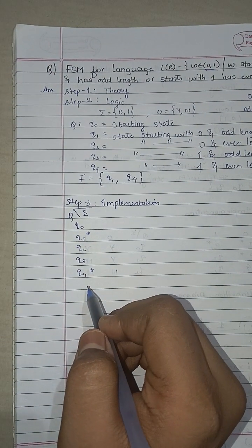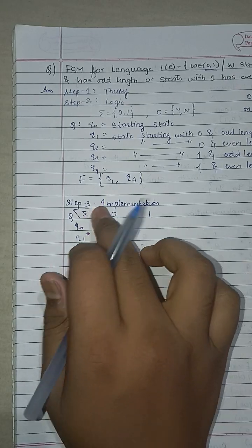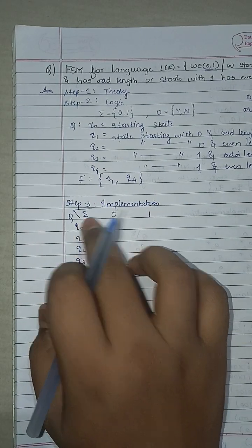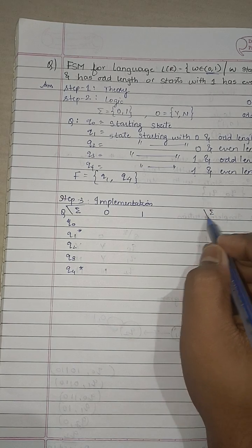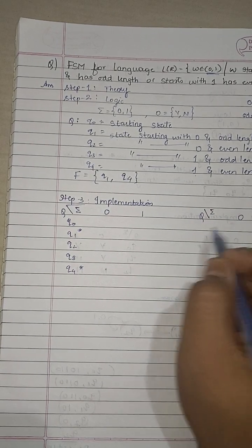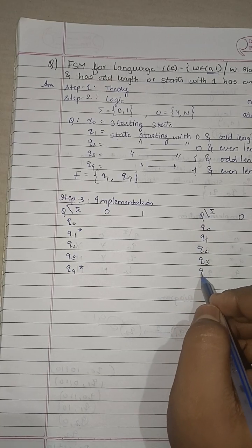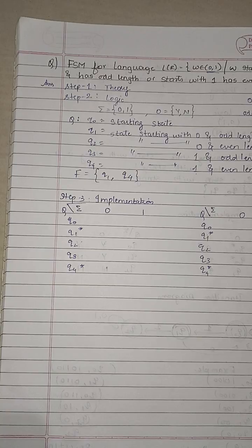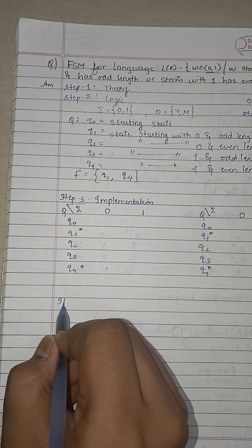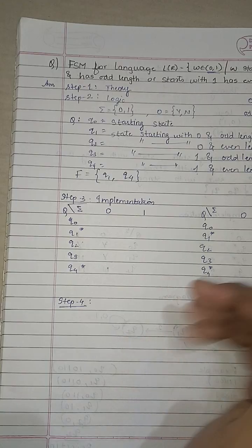These are my final states, that's why I show them with a star, with inputs 0 and 1. Here the inputs are symbols. I am making the machine function table here too, with 0, 1, Q0, Q1, Q2, Q3, Q4. First we will see the transition diagram, as this will help us build this table.